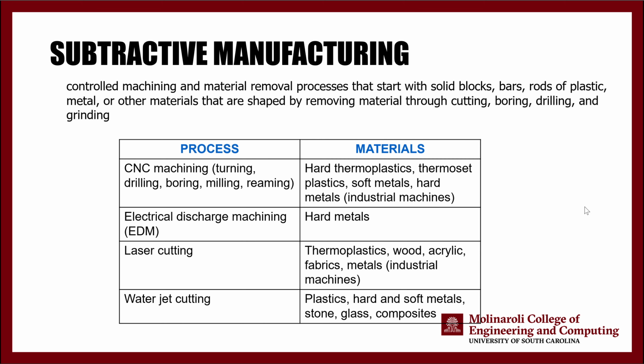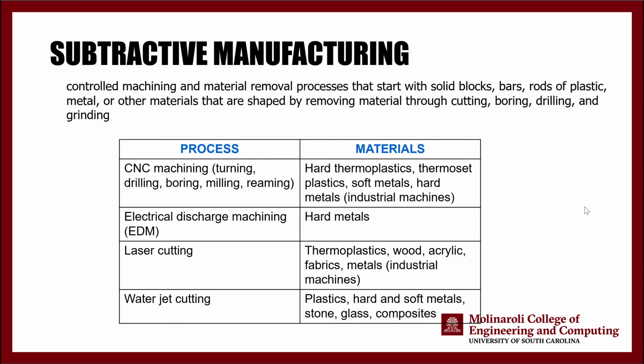Another type of subtractive manufacturing is called electrical discharge machining, or EDM. The machining part of it is done by creating an arc discharge, and it's usually used for hard metals.